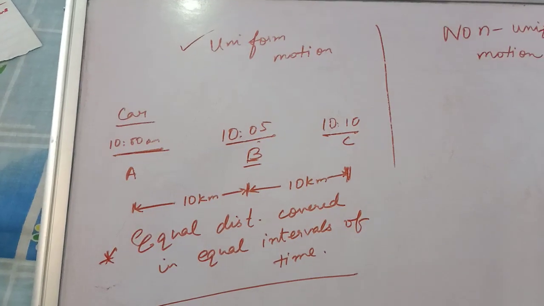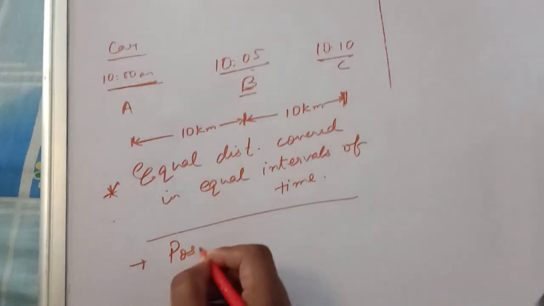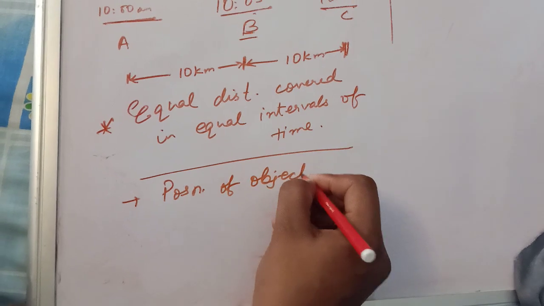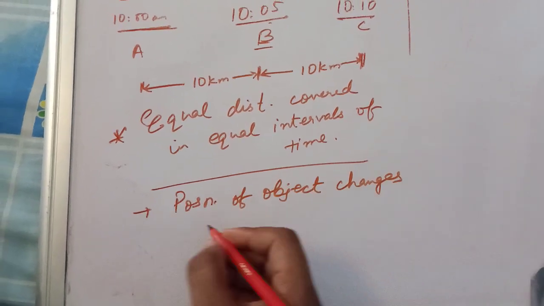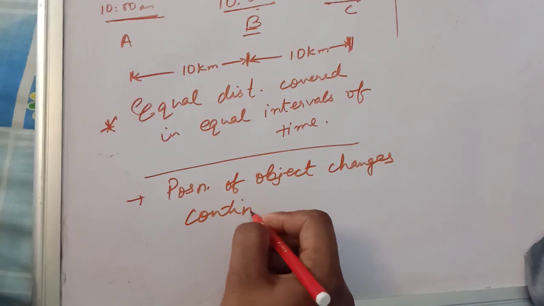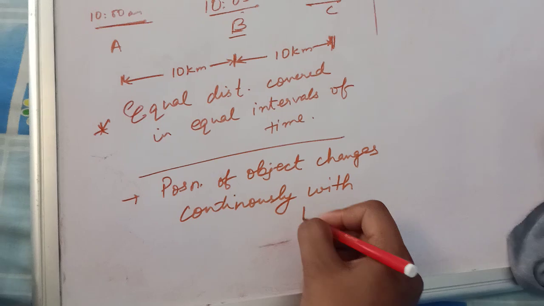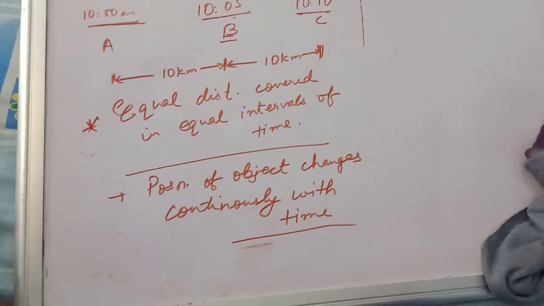We can also define it as when the position of the object changes continuously with time, it is called a uniform motion.